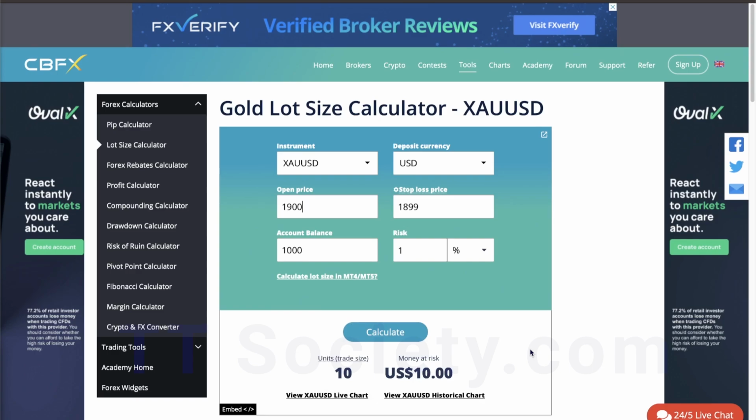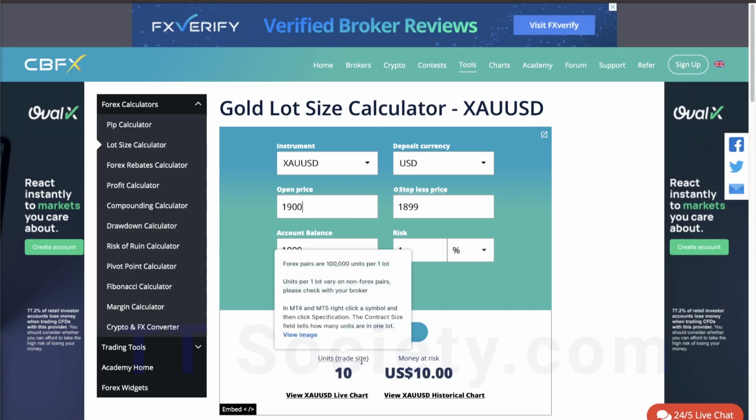How do we calculate that? I'm going to take the 10, I'm going to divide it by 100 because the contract specification, if you guys remember, on my MetaTrader was 100 for my gold contract. So if I use 10 units divided by 100, it's going to give me 0.1.